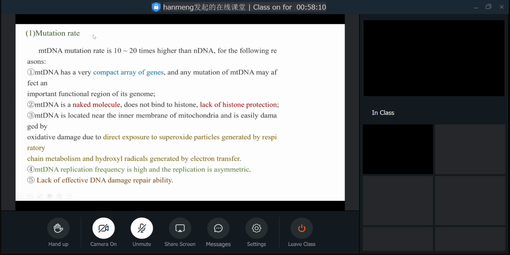The mutation rate in the mitochondrial DNA. The mitochondrial DNA mutation rate is 10 to 20 times higher than nuclear DNA. Why?